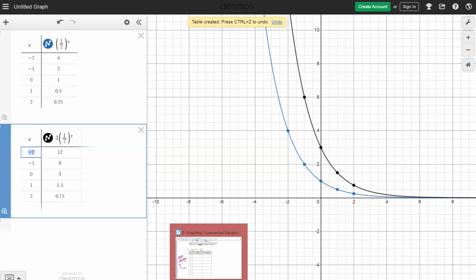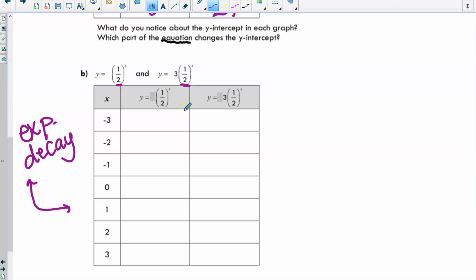I can come back to my note here and fill in these values. So I think it said this was 4, 2, 1, 0.5, 0.25, and then I recognize the numbers from up top. So the 3 is 0.125, and the 4 is 8.